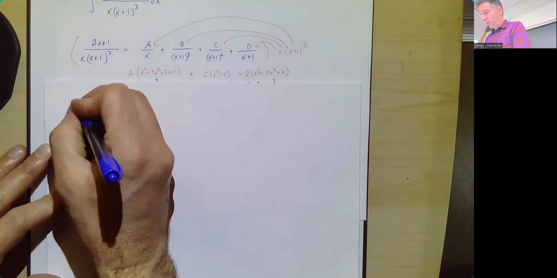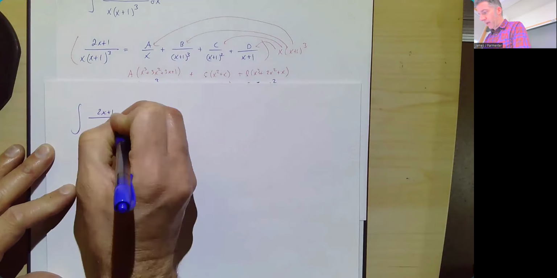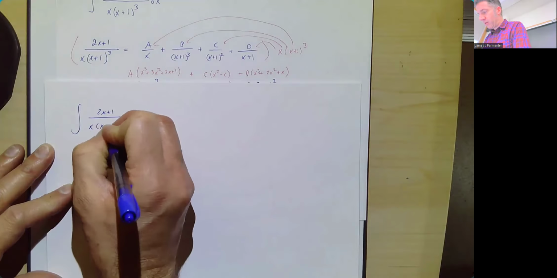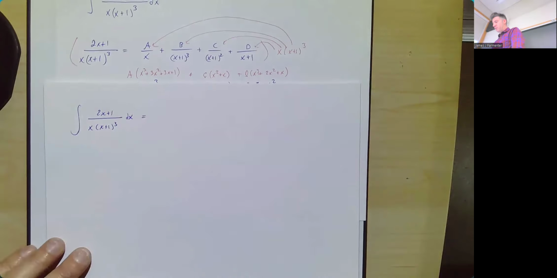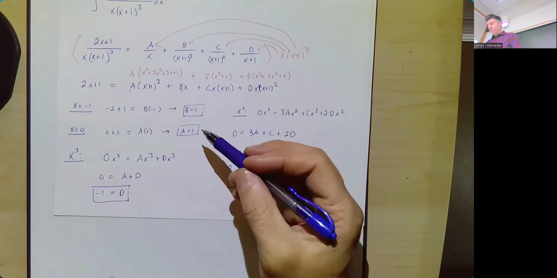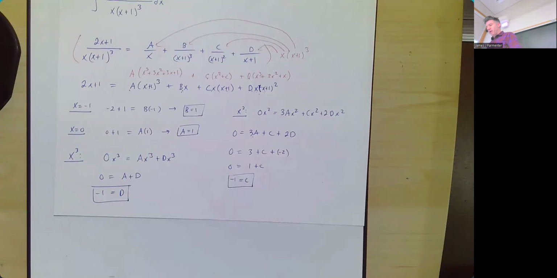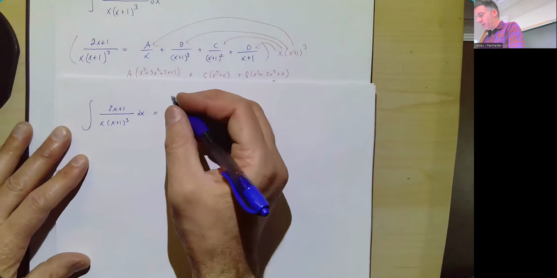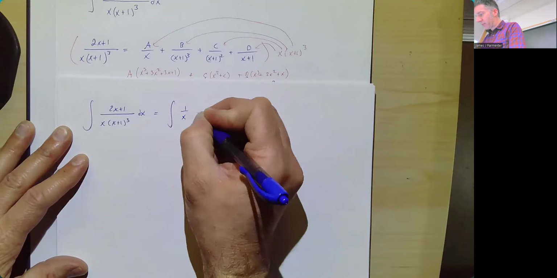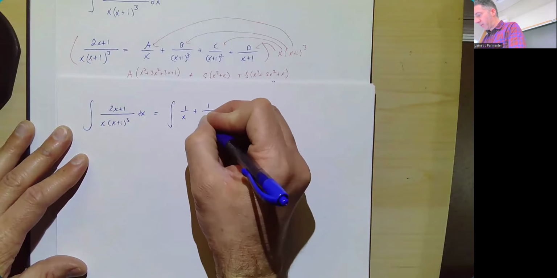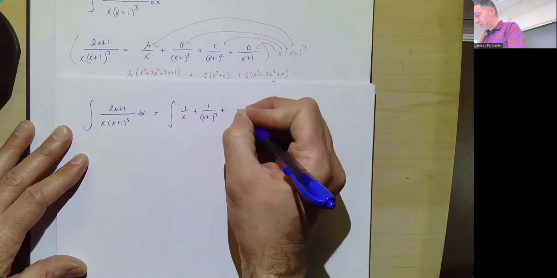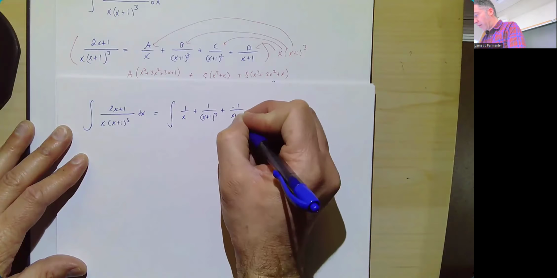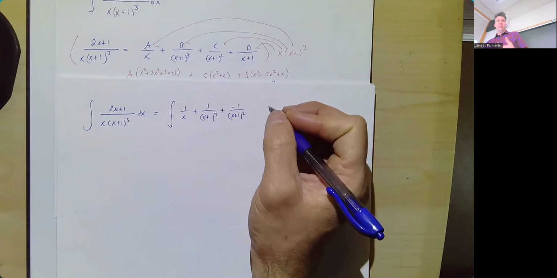The integral of 2x plus 1 over x times x plus 1 cubed dx is going to equal, so let's just remind ourselves, a and b are both +1, c and d are both -1. That works out great. It's going to be the integral of 1 over x plus 1 over x plus 1 cubed plus -1 over x plus 1 squared. I would normally write minus, but I missed it.